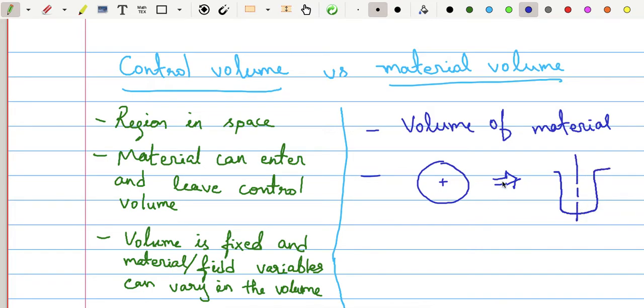Now if I define a material volume omega, then this volume omega at time t equals 0 is becoming omega, this is the material volume at time t equals some t prime.